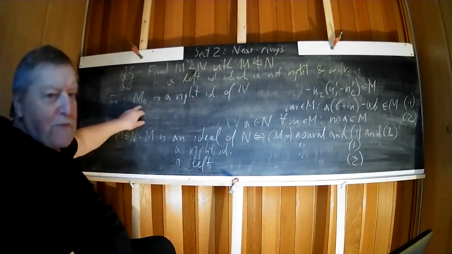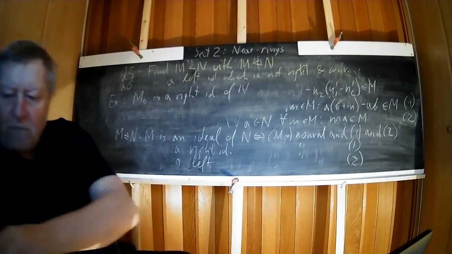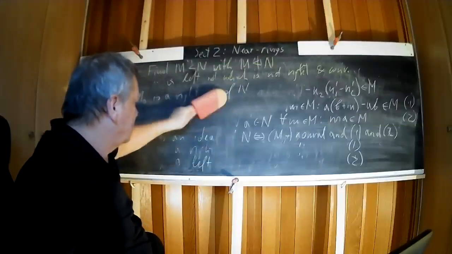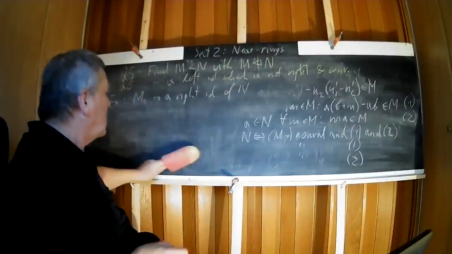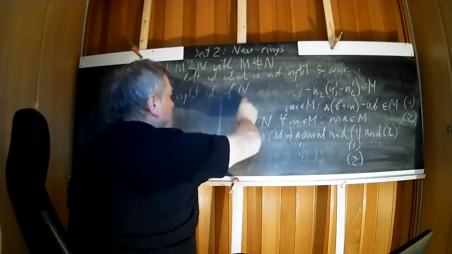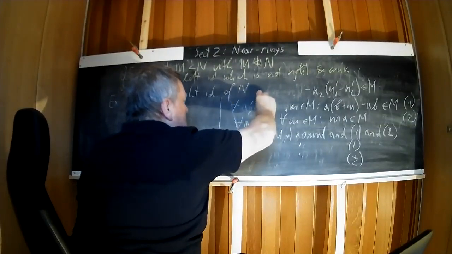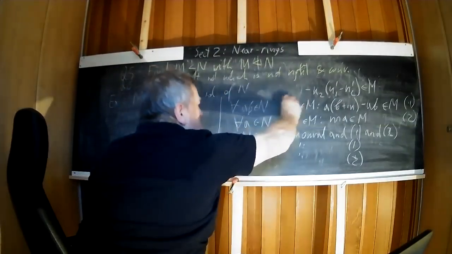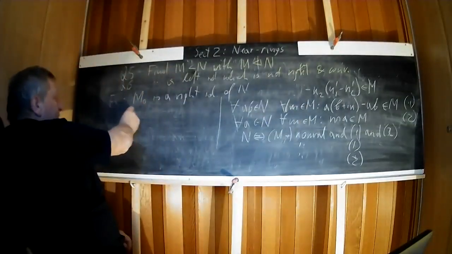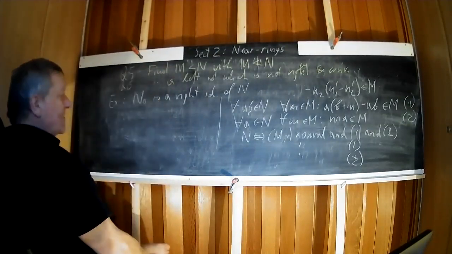Why? M sub naught is a normal subgroup. Why is it normal? Excuse me, N sub naught is a right ideal.